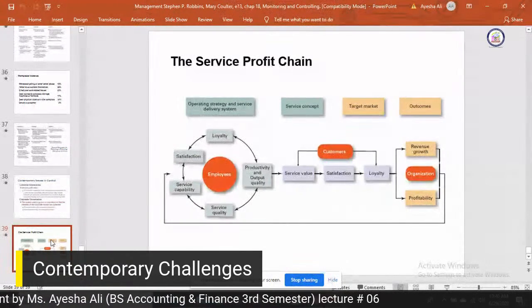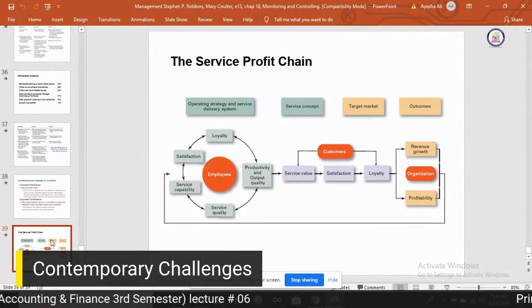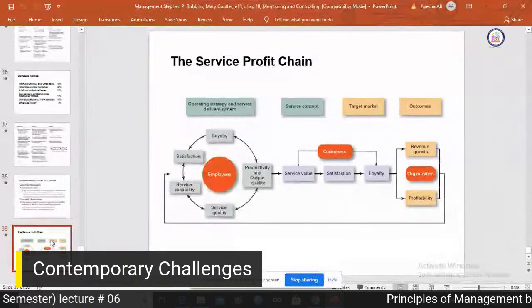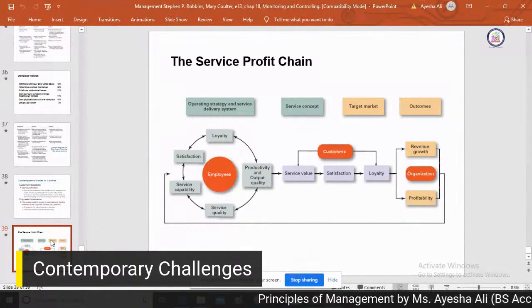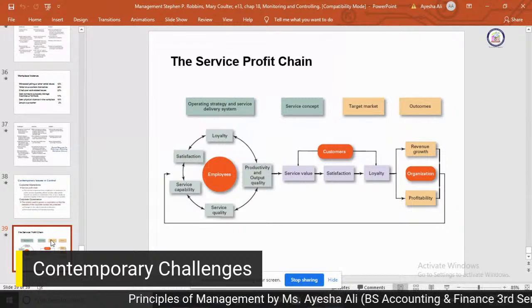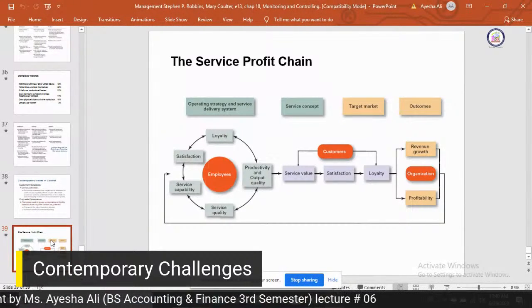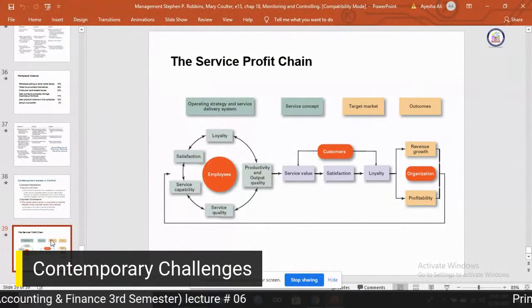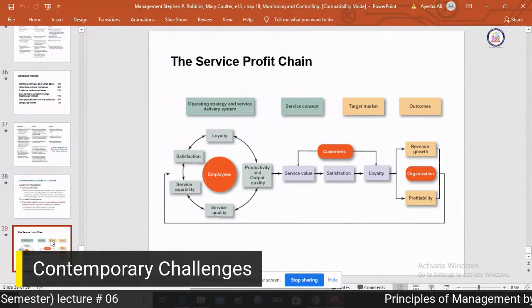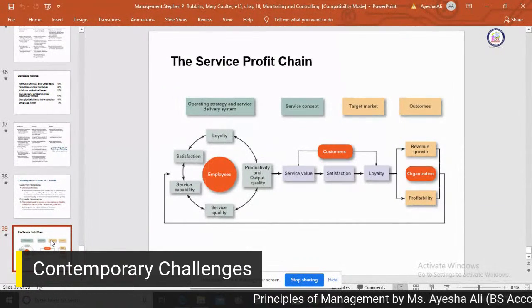If the employee is satisfied with management and the organization, if the organization treats them with respect and loyalty, then ultimately they do their job more efficiently and effectively, which affects customer loyalty and their business and their product. They become more loyal.